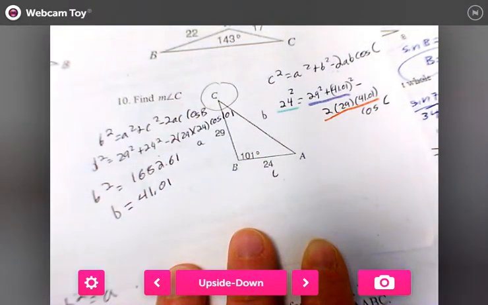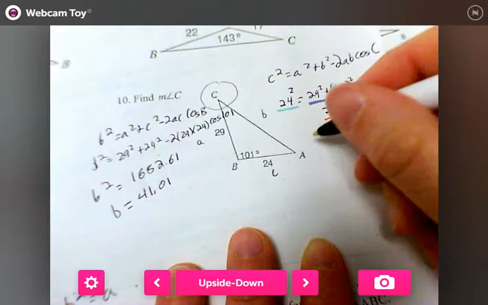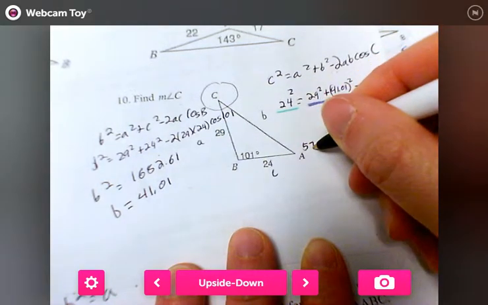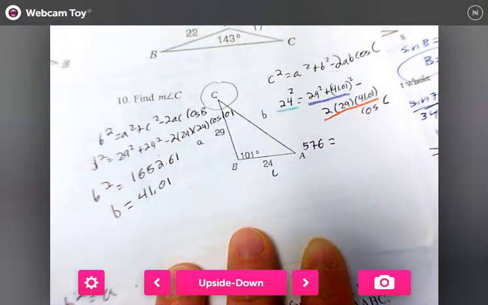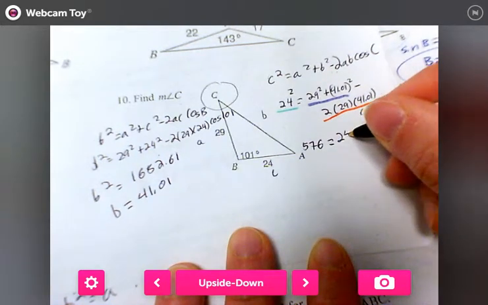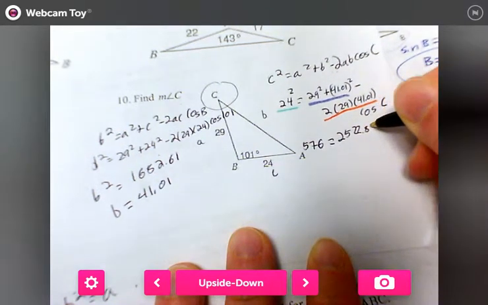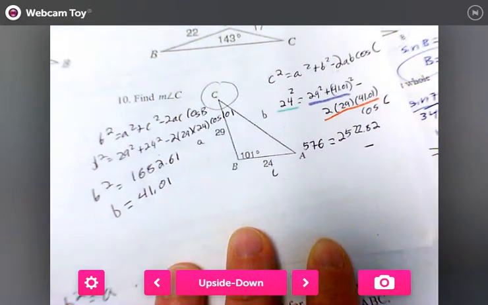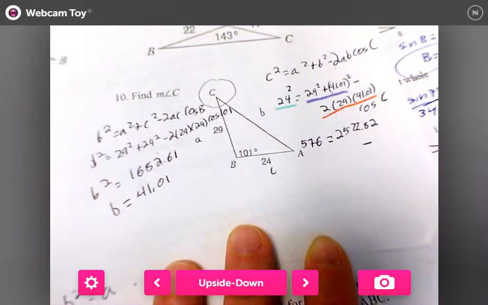So first I'm going to go 24 squared gives me 576, which equals 29 squared plus 41.01 squared gives me 2,522.82 minus 2 times 29 times 41.01.